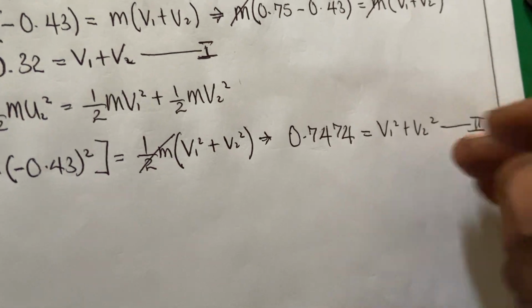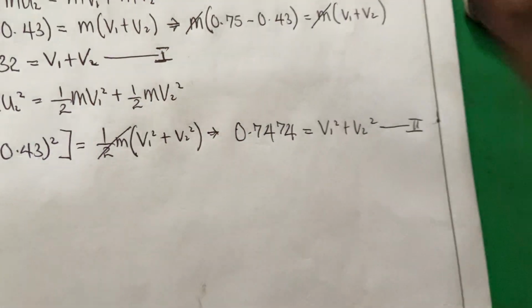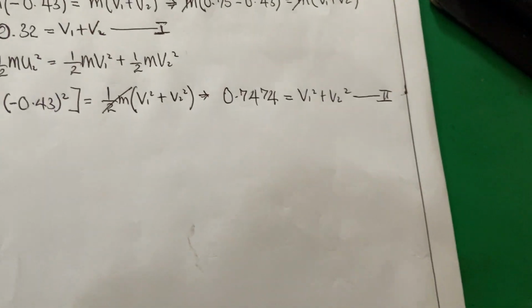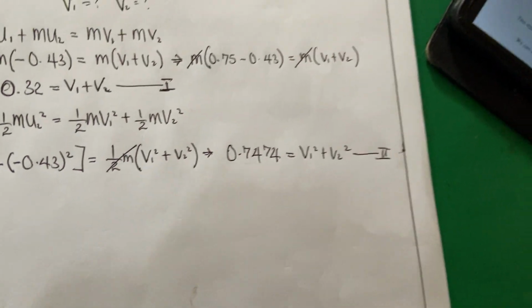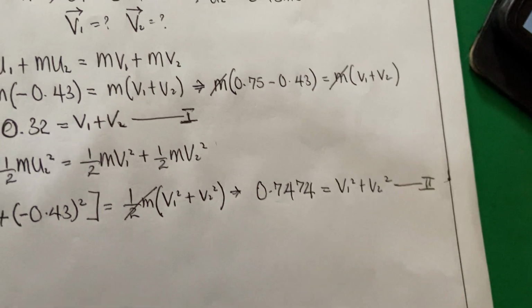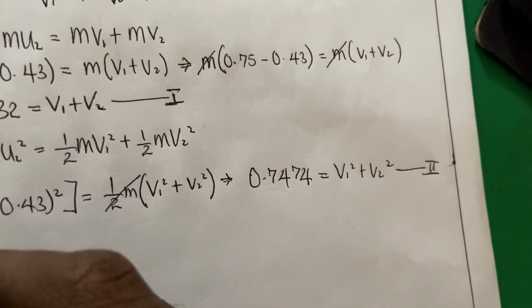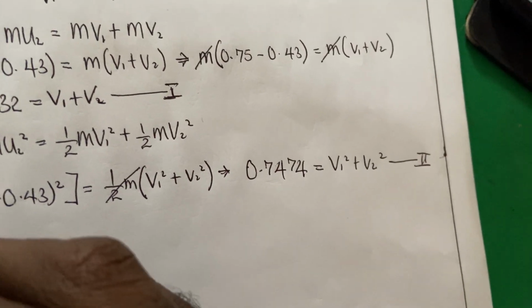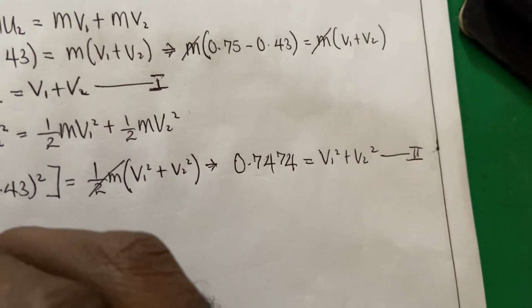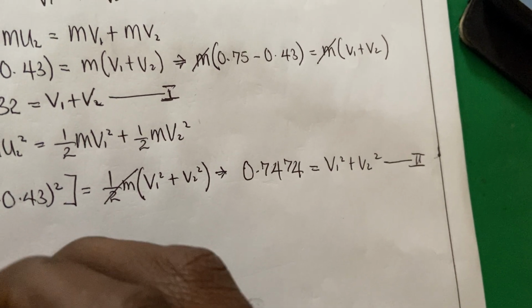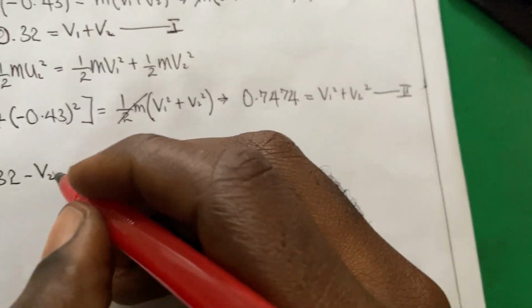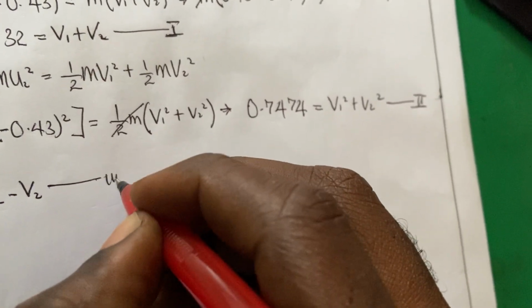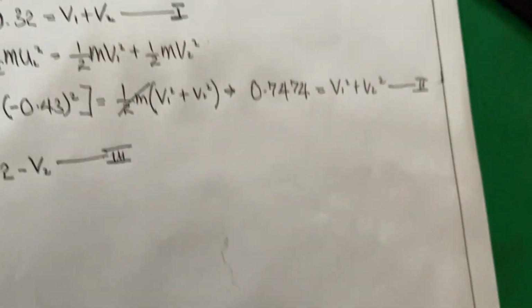So we are going to simplify v1 and then v2 together, and then we're going to get our solution. From equation 1, it means that v1 equals 0.32 minus v2. I will tag this as equation 3.